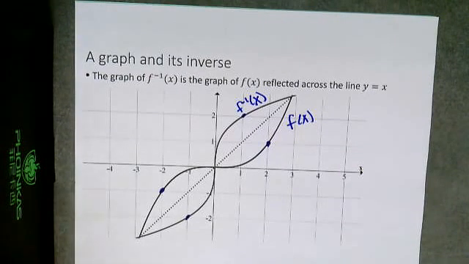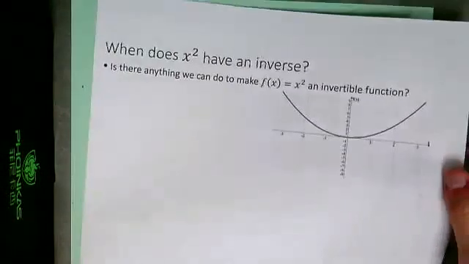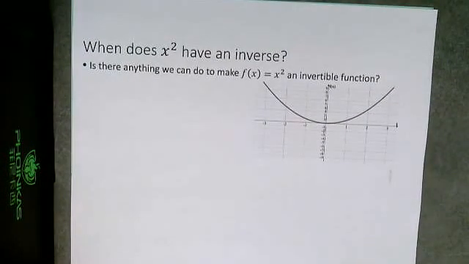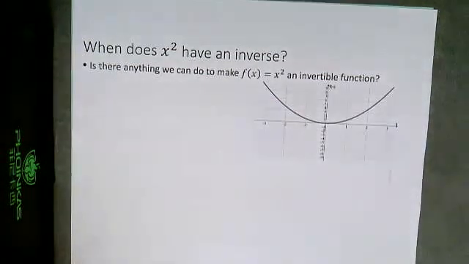So let's go back to the example with x squared and whether it has an inverse. Well, if we try and draw a horizontal line, it fails miserably, right?